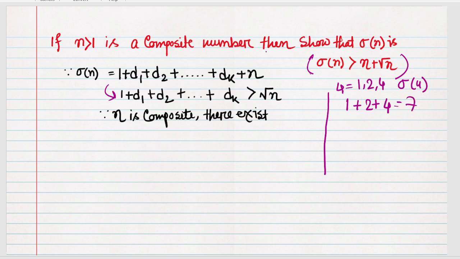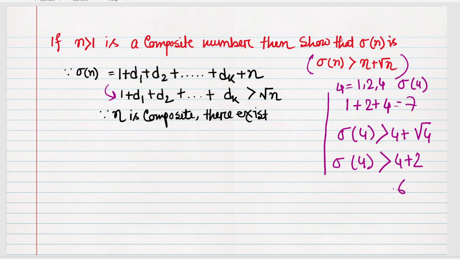So in this statement they said that sigma 4 must be greater than 4 plus root 4, that means 4 plus 2, that is 6. And what was the value of sigma 4? That is 7. So this is our example of our statement.